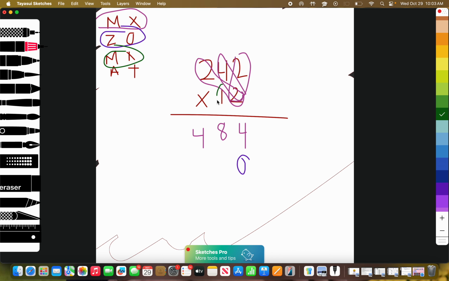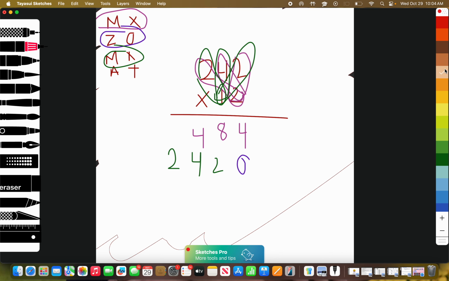I have the tens place value multiplied by the top number's first or ones place value. 1 por 2 es igual a 2. 1 por 4 es igual a 4. 1 por 2 es igual a 2. Now we have finished with our third step. We need to move on to our last step.